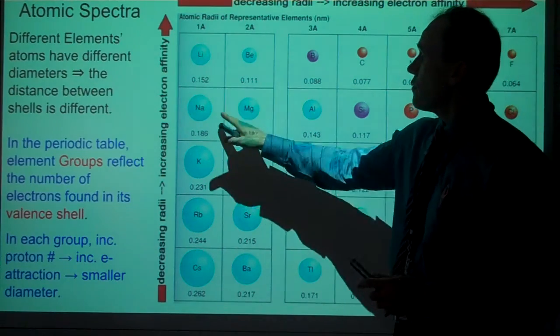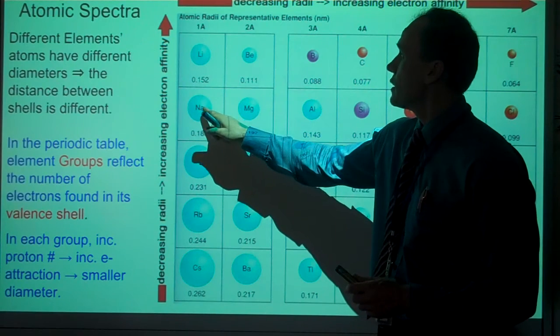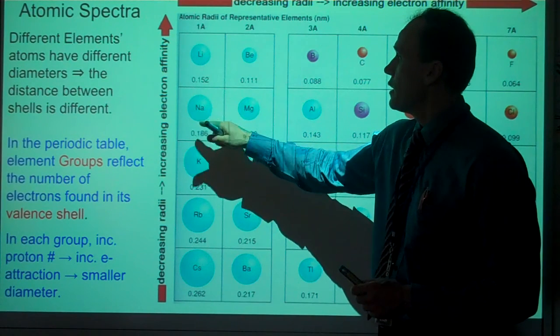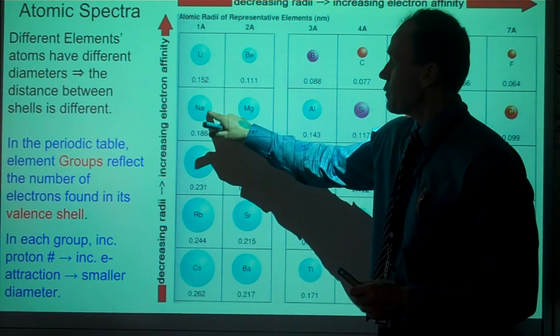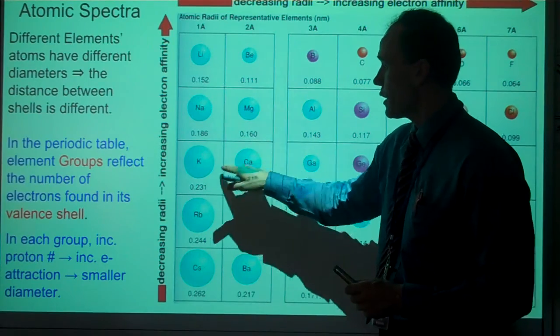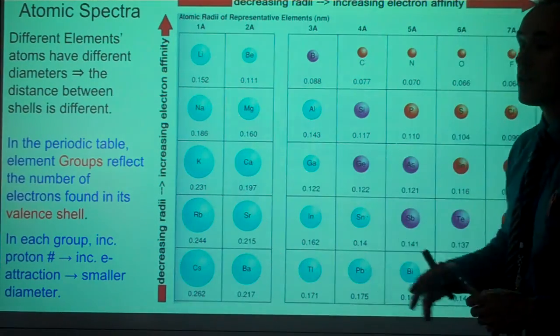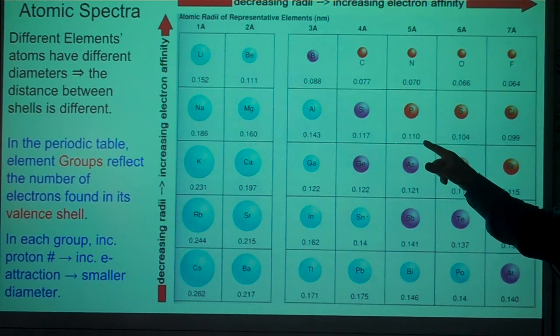Like sodium, it's got a K and an L shell. Now, the distance between the K and the L shell for that particular element is different to the K and the L shell distance here or anywhere else. And I've got another diagram to explain that. Okay? And when we get onto year 10 chemistry, you'll see that diagram again.